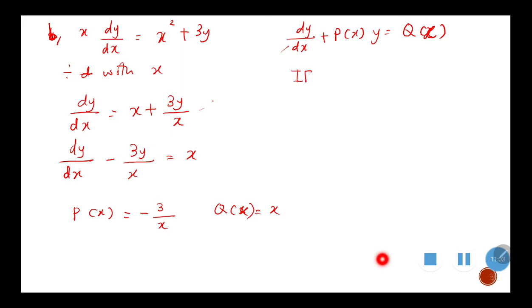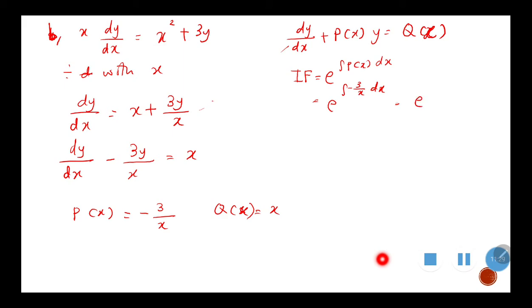The integrating factor is the exponential function to the power of the integration of P(x) dx. So our P is minus 3 over x dx.